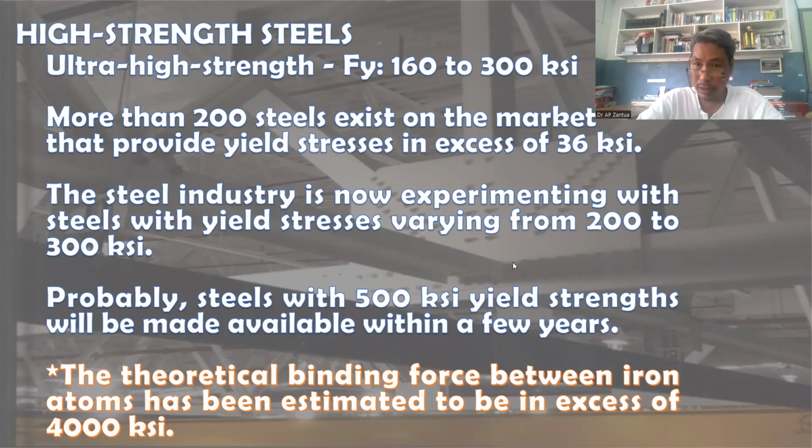Take note, 4,000 KSI. So what is 4,000 KSI? That is the estimated binding force between one iron atom and another iron atom. So that is what we call the metallic bond. The metallic bond is about 4,000 KSI between iron elements.